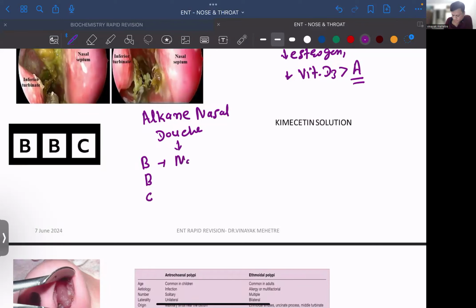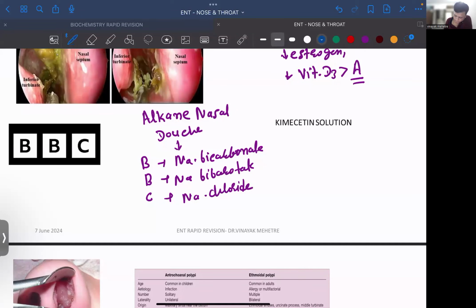That is sodium bicarbonate. Sodium bicarbonate. Third one, sodium chloride. They will ask all except present in nasal alkaline nasal douche except. The answer is this one.